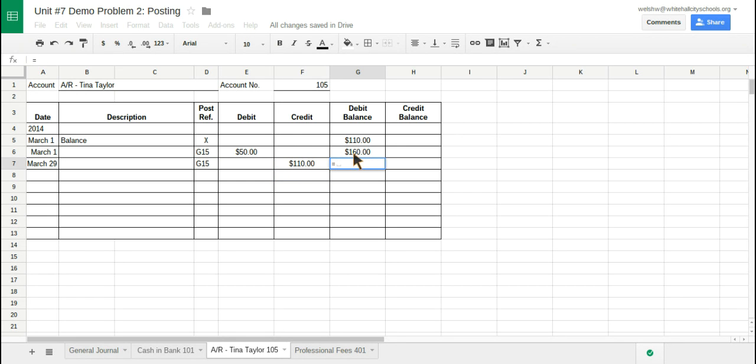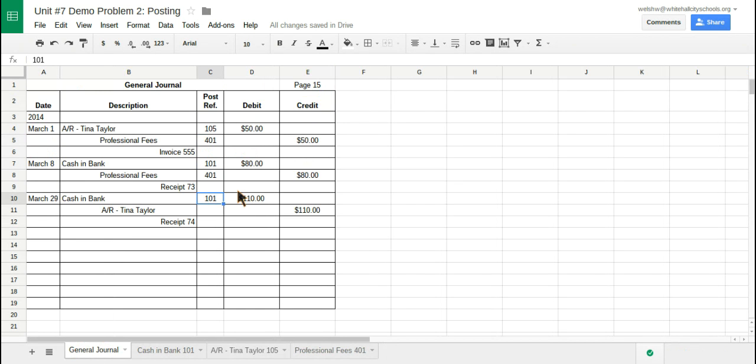So this would be equals our balance minus our credit. So now our new total, our balance for accounts receivable Tina Taylor as of March 29th is 50. Okay, so we have to finish this by doing our post reference 105.